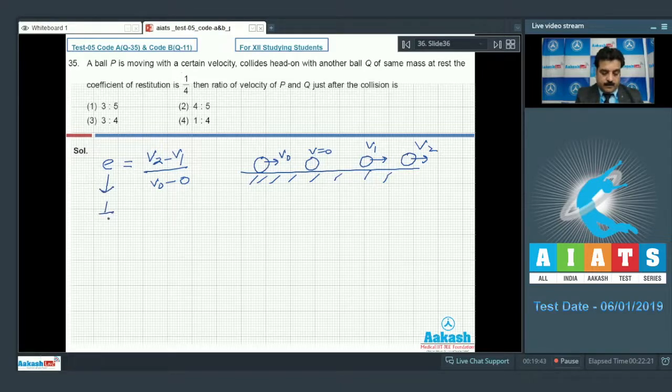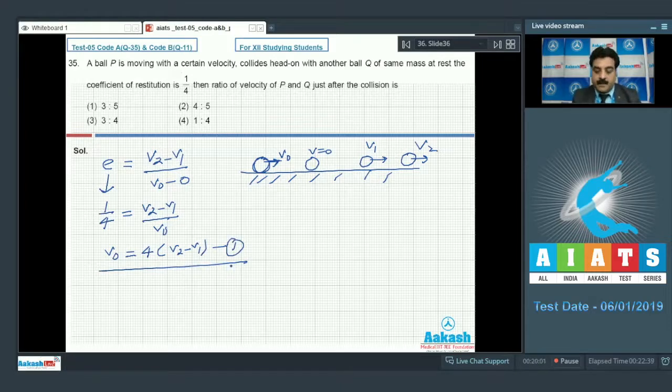Coefficient of restitution is 1 by 4, so that gives v2 minus v1 upon v0. Since v0 is the initial velocity of this body, v0 will give you 4 times v2 minus v1. This is my equation number 1.